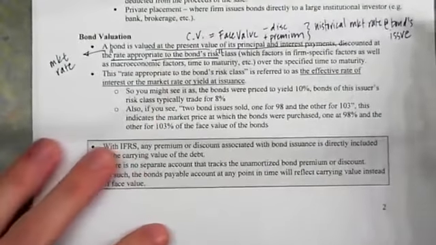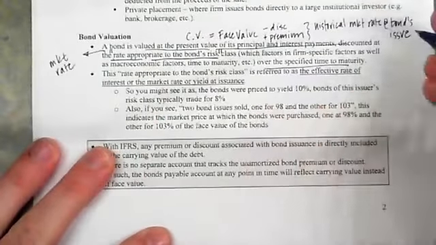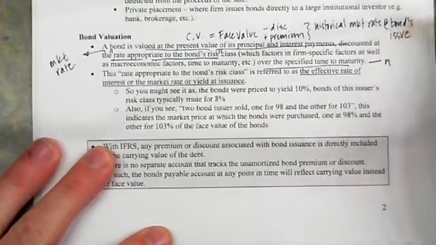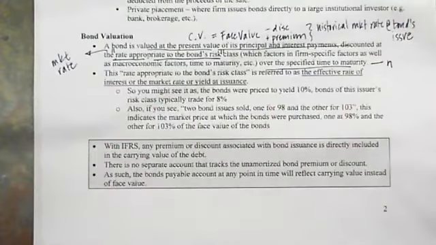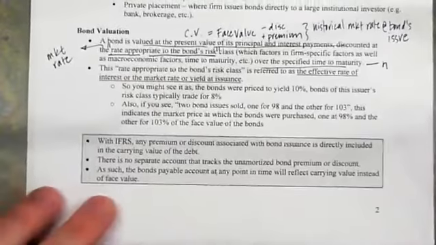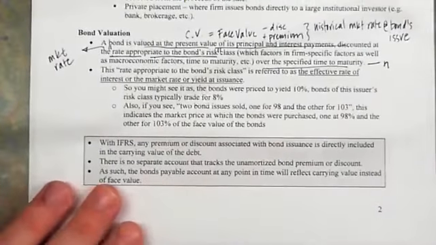And it has to be over the specified time to maturity, which is our N. So we have the same pieces of future and present value played in here.